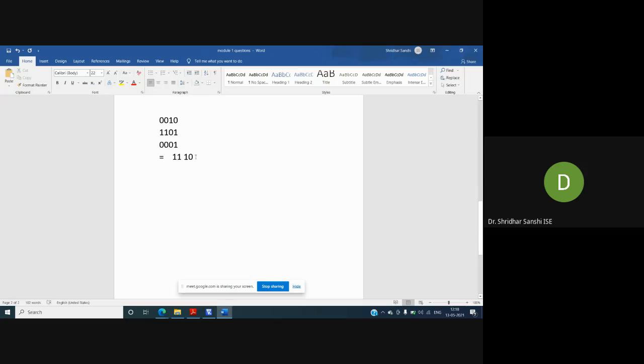So what is the value here? 8, 8 plus 4 is 12, 12 plus 2 is 14.